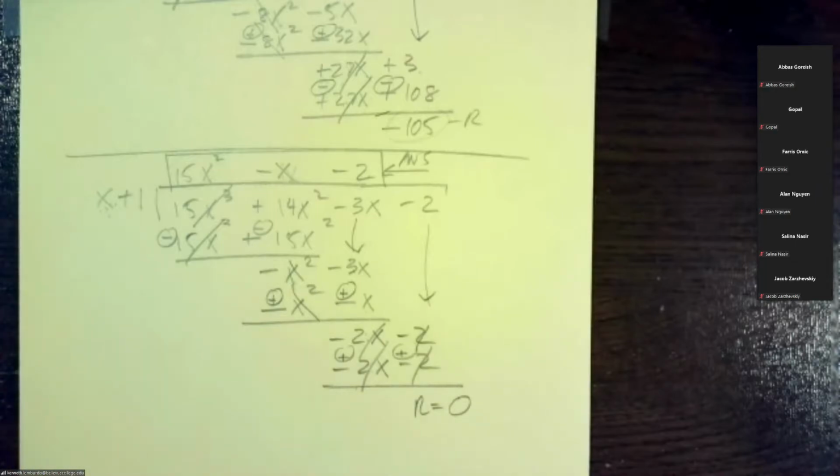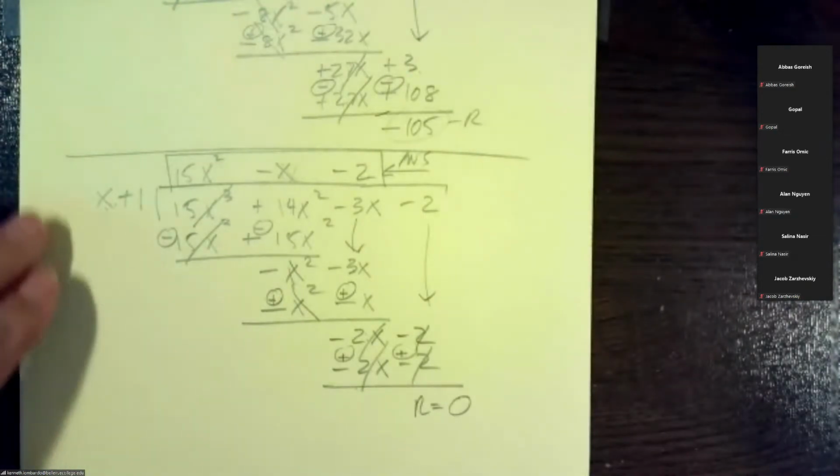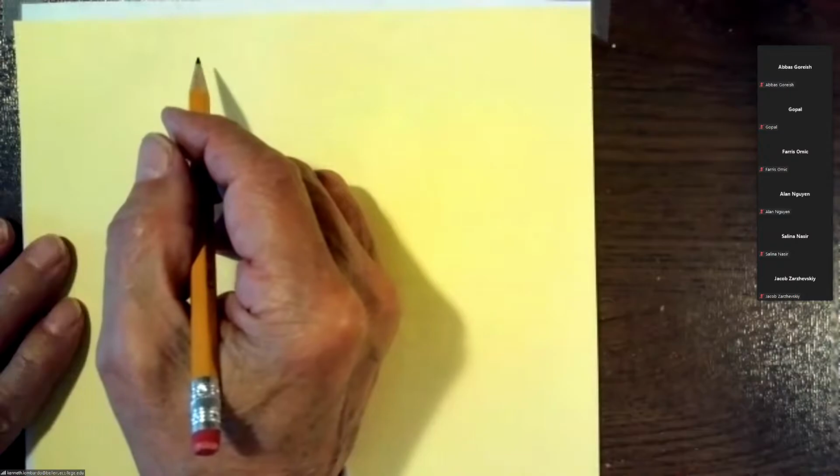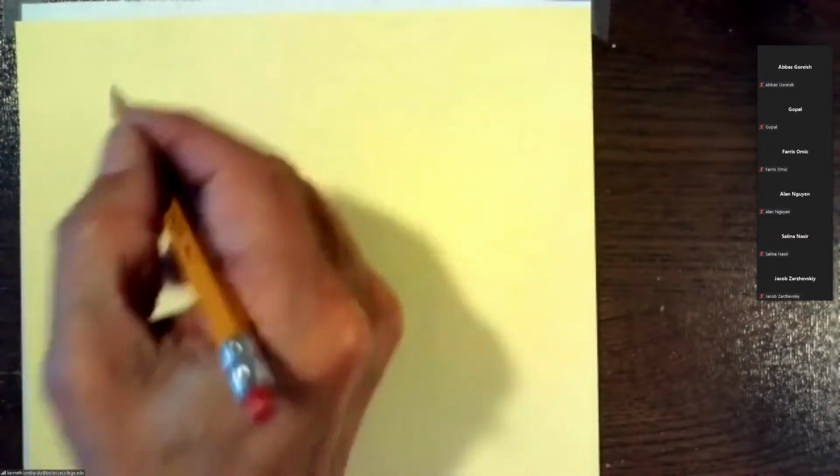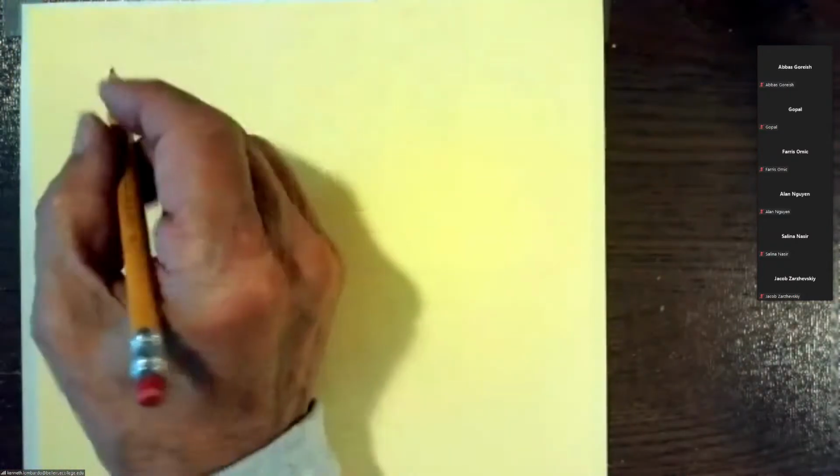Let's take a look at another concept, which I'm going to call synthetic division. Let's take a problem we've done. Let's say we want to divide, which we've already done. We're going to do it in a different manner.